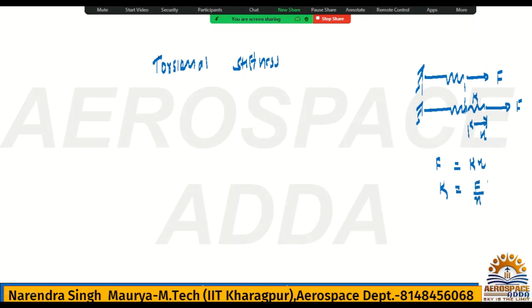F is the force. What is X? It is the deformation in the spring, along the x-axis, so sometimes it is called displacement or deformation, you can also say. And what is K? K is the stiffness.